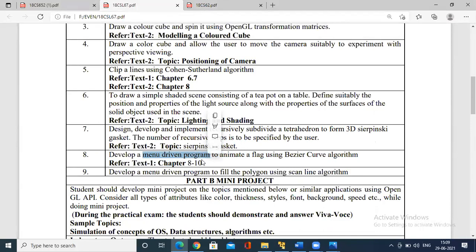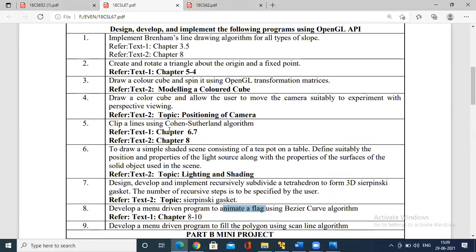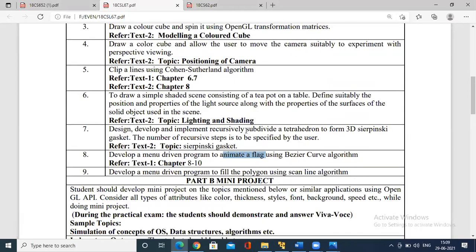One is the menu driven program for animating a flag, that is, fluttering of a flag with a different color that is being specified. And one more, we have a menu driven program with scanfill. I hope you remember, this was also menu driven. So we have two menu driven programs in our syllabus.